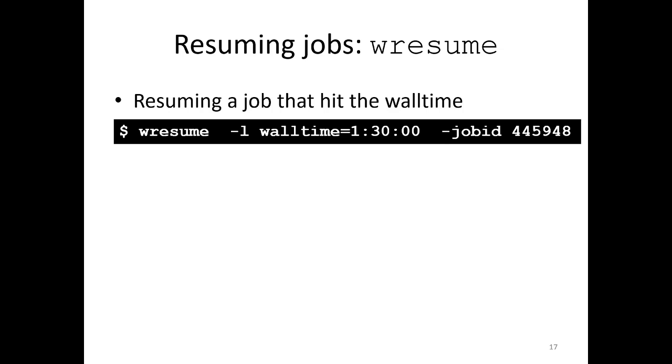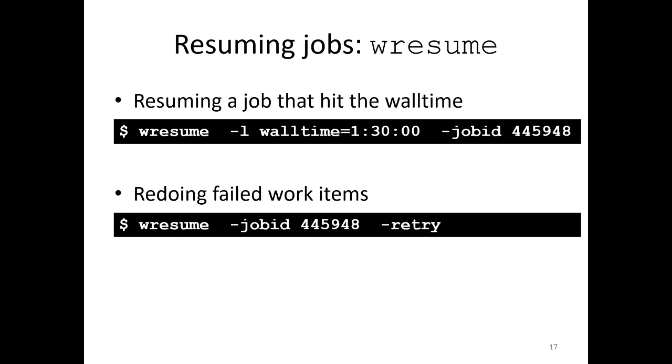So basically, again, worker is going to help you with that. There is a command w-resume that you can give any arguments which you can give to w-sub, and it takes a job ID additionally, and it will just restart the job, but of course work items that already have been completed successfully won't be redone.